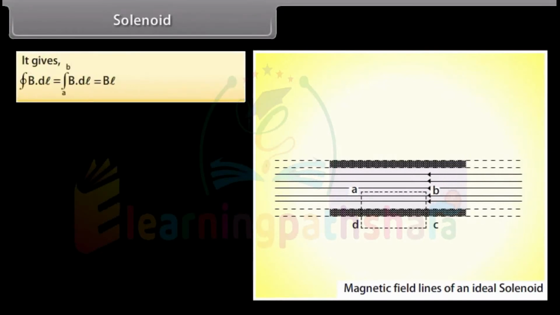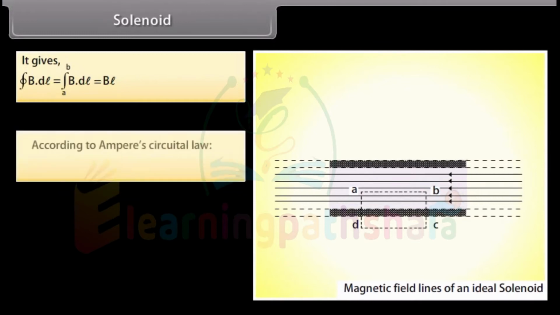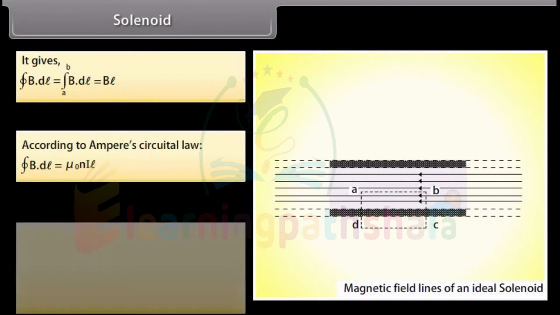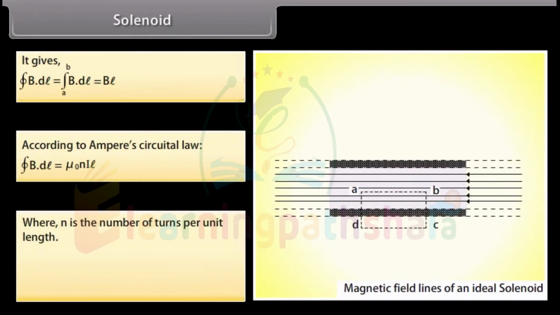It gives closed integral of B dot dl is equal to integration from a to b of B dot dl, which is equal to BL. According to Ampere's circuital law, closed integral of B dot dl is equal to mu naught n I L, where n is the number of turns per unit length. From the above two equations, we get the result B is equal to mu naught n I.